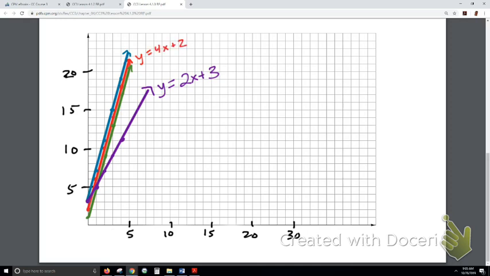And the green one is y equals 4x plus 1. The blue one was y equals 4x plus 3. Okay, look at what's the same for those three parallel lines, and how is that different from that fourth one, that purple one? Look at the equations. What's the same? What's different?